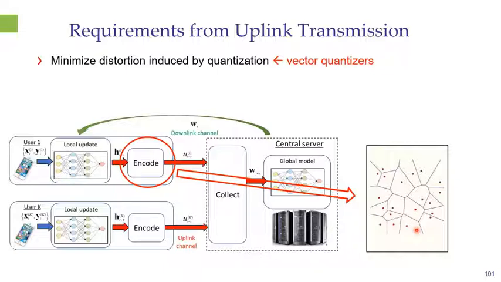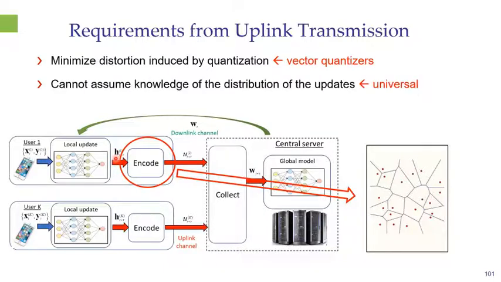Now, vector quantization is typically dependent on the distribution of the quantized value. Namely, the partition here depends on the distribution of the model updates. But in federated learning, we also cannot assume prior knowledge of the distribution of the model updates, particularly in statistically heterogeneous setups. This motivates the usage of universal quantization schemes. Namely, the partition here has to be fixed and cannot depend on the distribution of what we're quantizing.